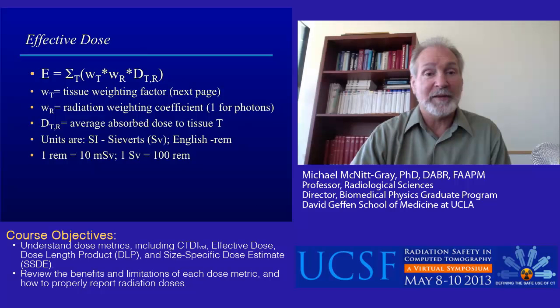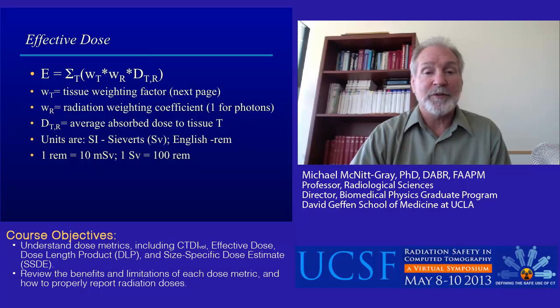The formula for effective dose looks very simple. It is the sum, that symbol sigma there, is the summation, and the subscript T there is for the tissue, so it's the summation across all tissues of this product inside the parentheses, where W_T times W_R times this capital D with the subscripts T and R. W_T is the tissue weighting factor, which I'll describe quantitatively in the next page, but it's the weighting factor for each of the radiosensitive tissues.